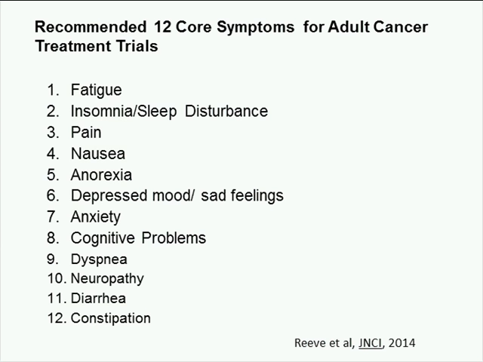This doesn't mean that all 12 symptoms have to be assessed in all studies, but it does mean that here is a list of the 12 most common symptoms to consider in adult cancer treatment trials. Make the case for which ones of this list are more important and why, and which ones might be less important in a given clinical trial context, again referencing back to your endpoint model.